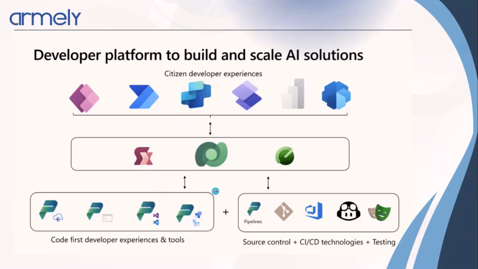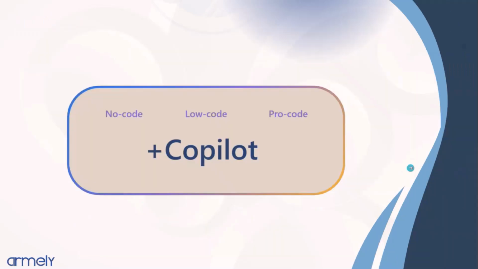Down here, we have the tools that are used by the traditional developers, in this case the code-first developer experience and tools like source control, CI/CD technologies, and testing. So the agent platform is basically what we had in the Power Platform, the no code, low code, and pro code, with the AI capabilities added in the form of Copilot.